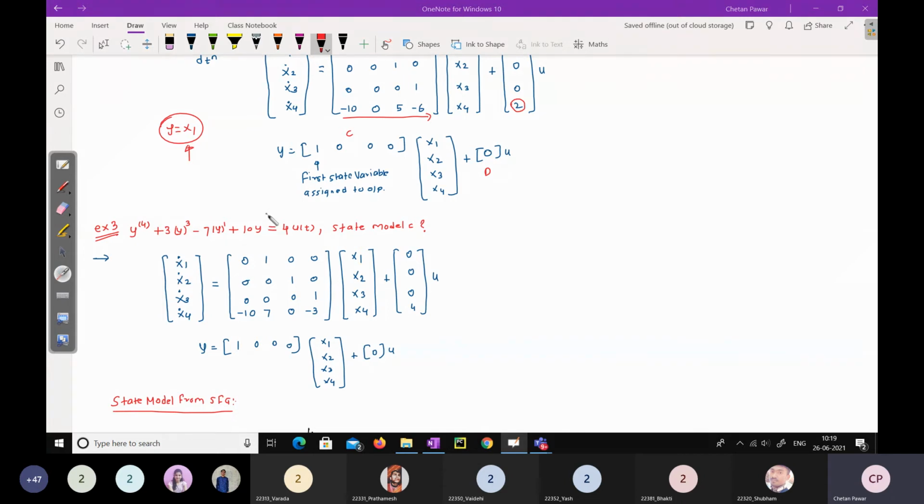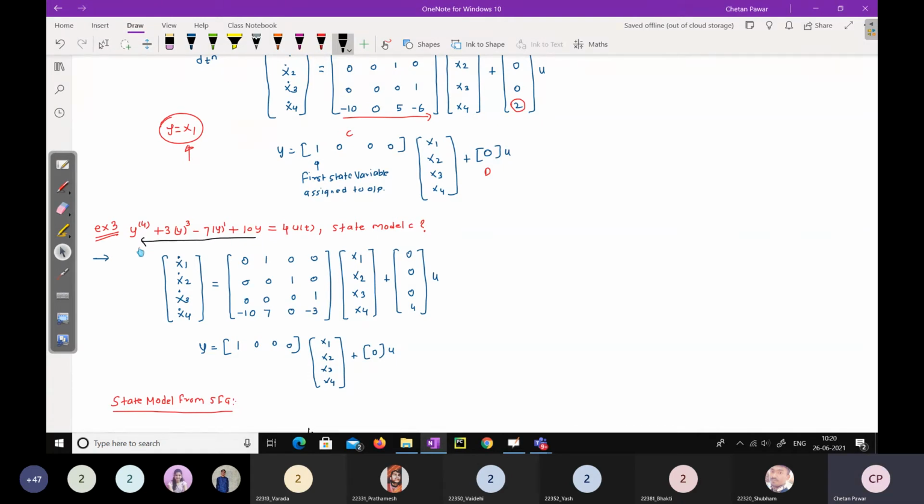Now in controllable canonical form we need to form this, right? So the first 3 rows have the fixed pattern 0 1 0 0, 0 0 1 0, 0 0 0 1. Okay, and then the shortcut technique you apply to find out the fourth row. How will you find out the fourth row? Traverse like this.